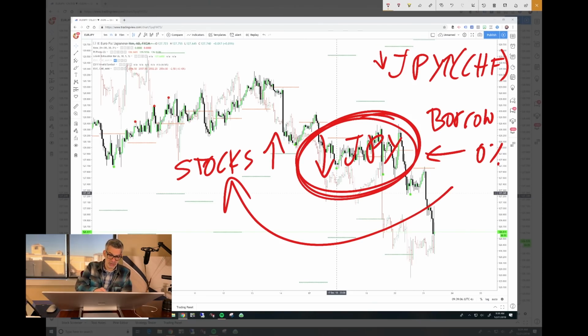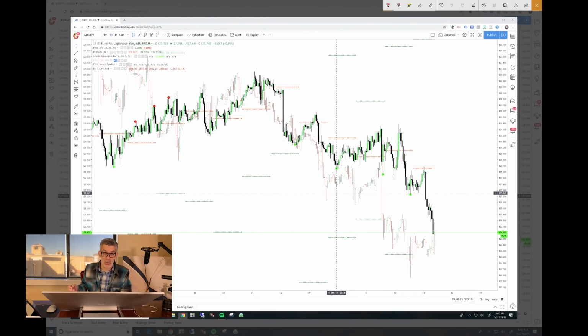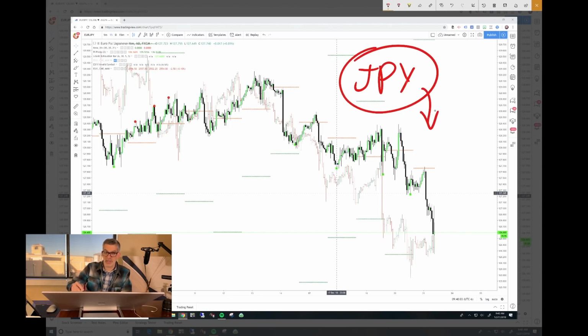Borrow money cheap, put it in stocks, those stocks go up, and then you can pay back those loans, which were at very low interest rates. It's kind of like a win-win, and that's why when interest rates are low, the stock markets of the world just go up. People borrow Japanese yen and then put it into risk assets like stocks, real estate, and other kinds of things.